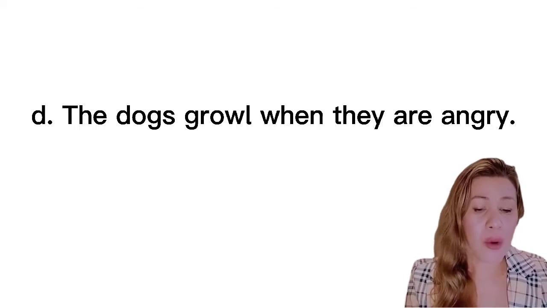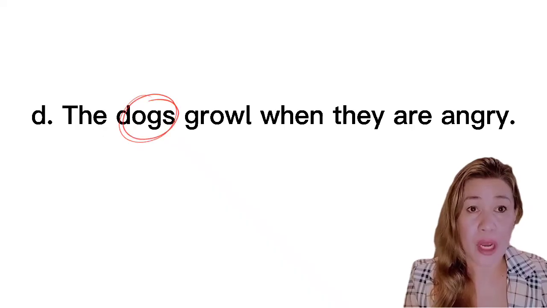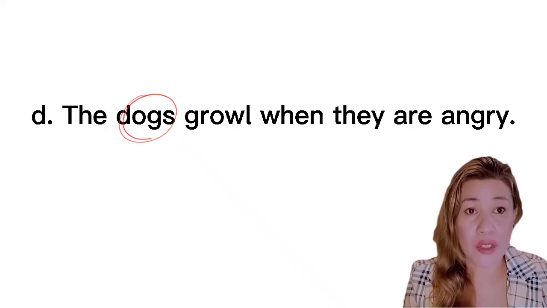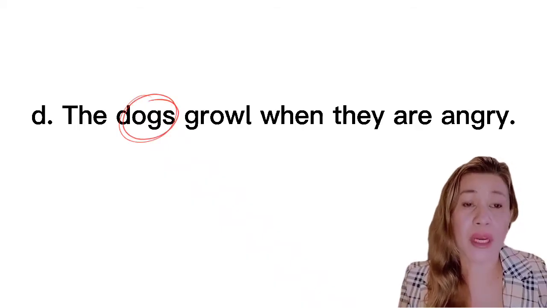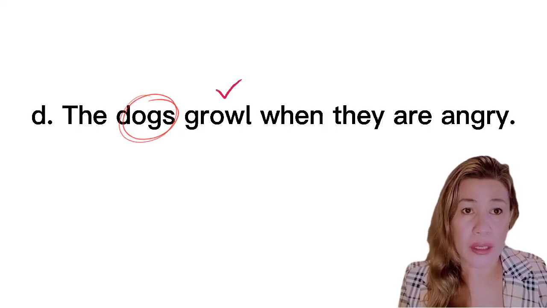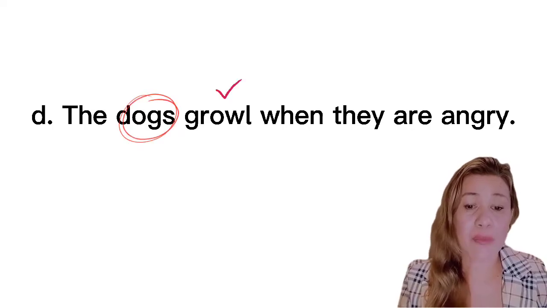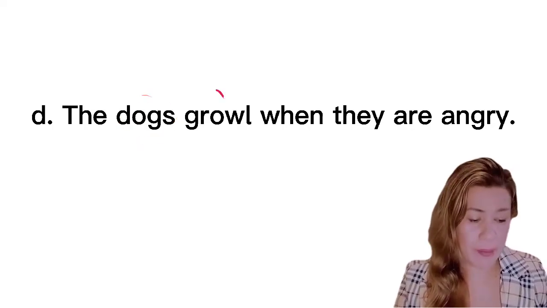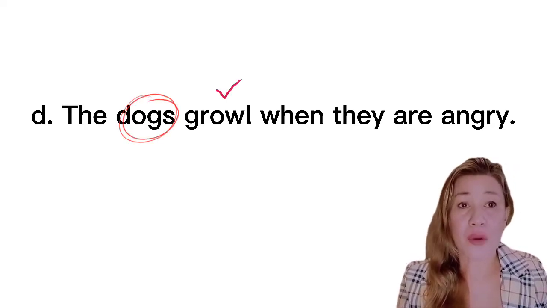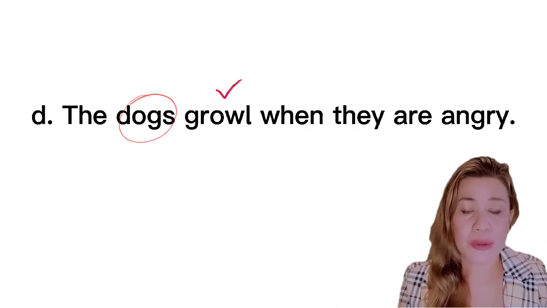Our subject now is dogs, plural, and therefore we should not have S or ES in our verb. Hence, we have the verb growl only. Okay? So those are the examples for rule number 1. Let's move now to rule number 2.